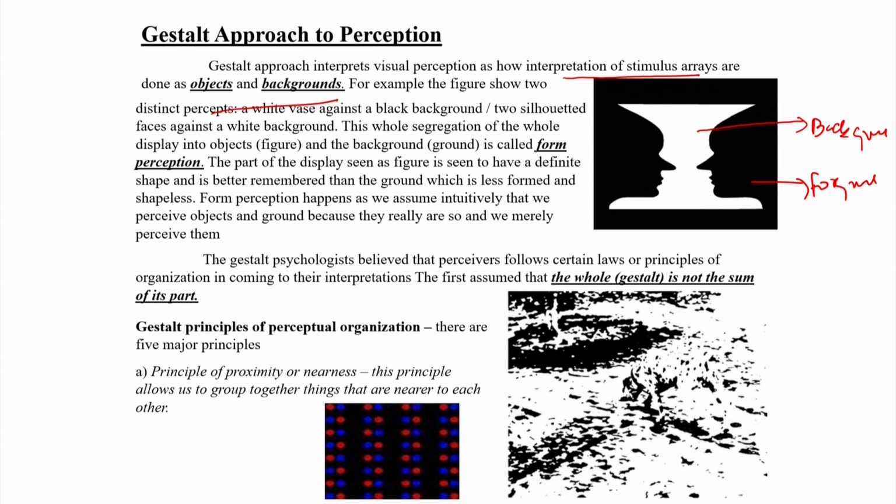This is what the principle of proximity really means. It says that when multiple objects are brought together, they are interpreted as together, and this is one of the principles of perceptual organization, which helps us in interpreting the visual field.